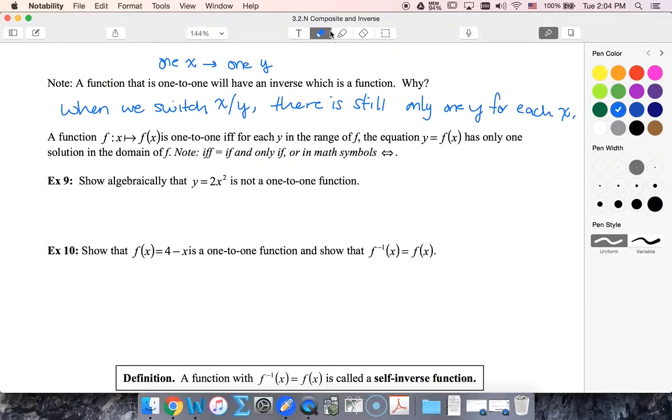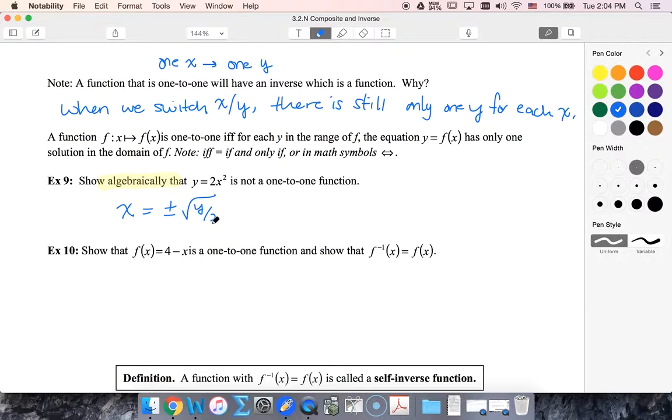Show algebraically that y equals 2x squared is not a one-to-one function. So if I solve this equation to get my y values, I end up getting that x is plus or minus the square root of y over 2.